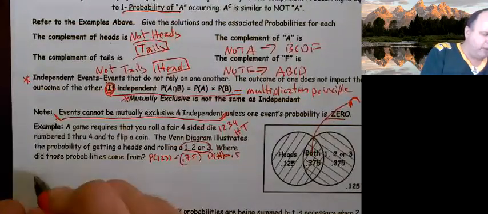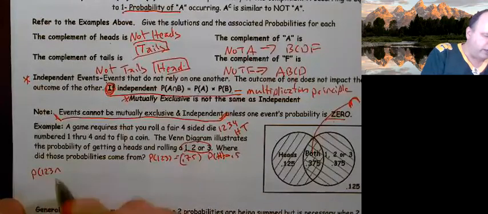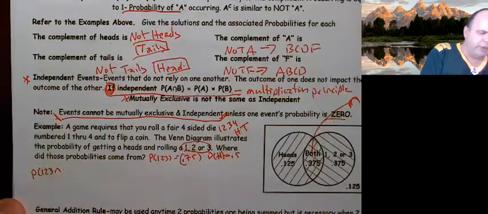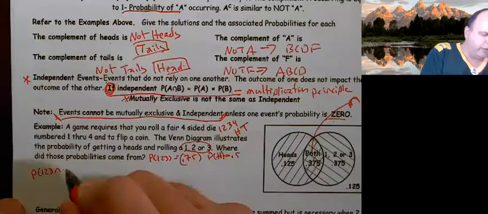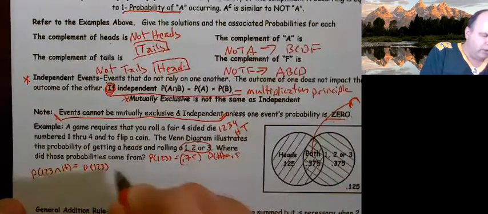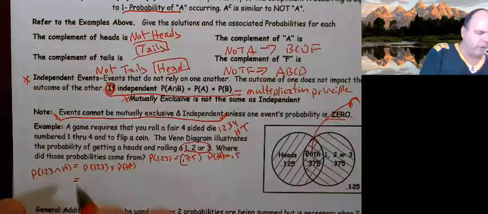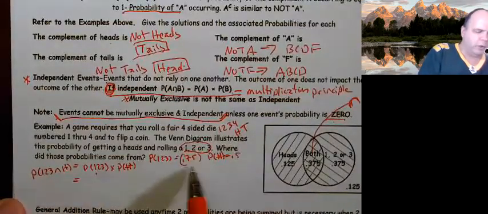So the probability of 1, 2, 3 intersect the probability of heads equals the probability of 1, 2, 3 times the probability of heads. So let's see what happens. We know the probability of 1, 2, 3 is 0.75.